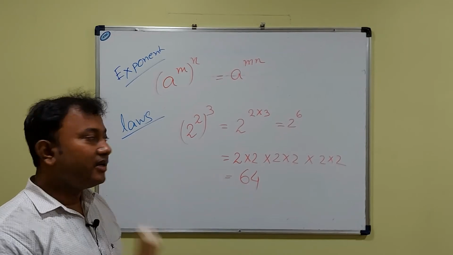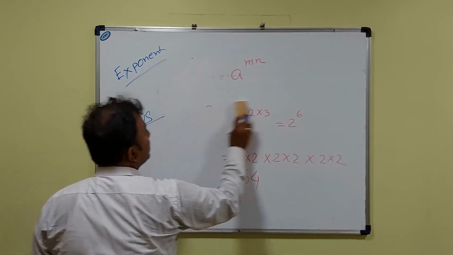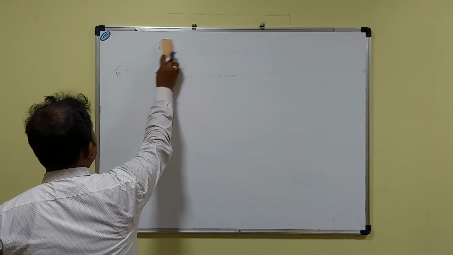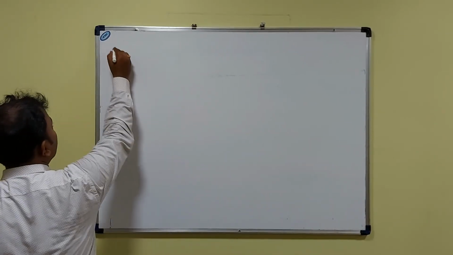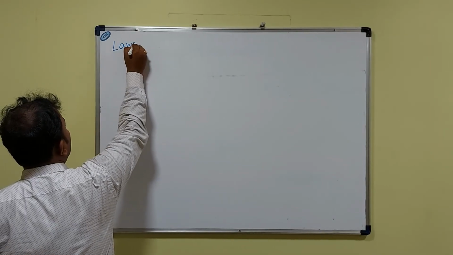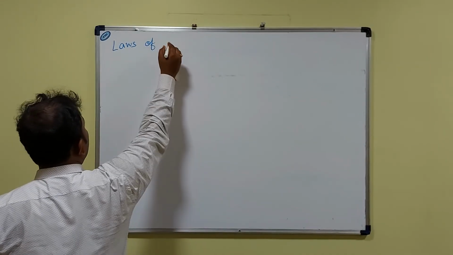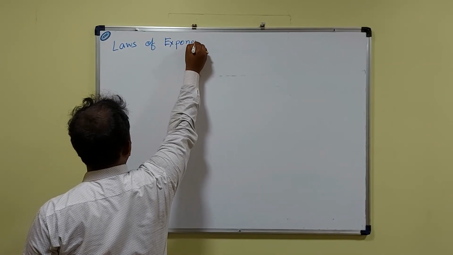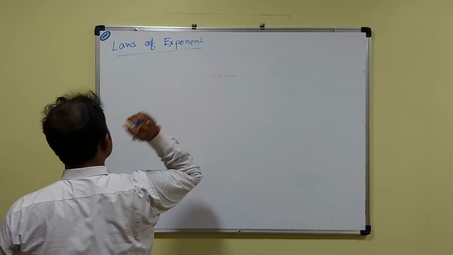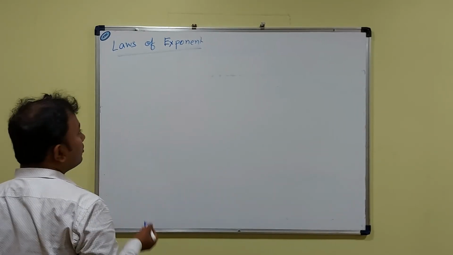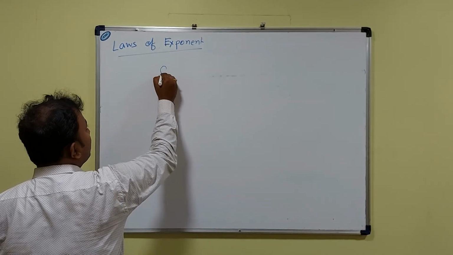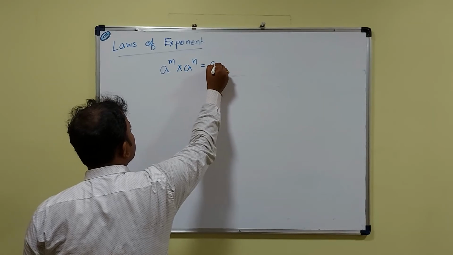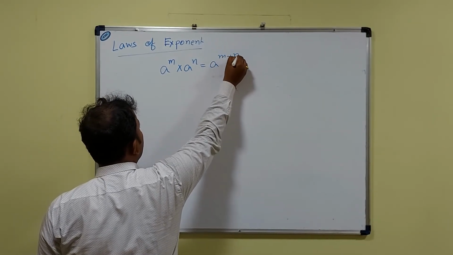So let us see in bird's eye view what we have learned today, that is, what are the laws of exponents. First law we have learned, that is a to the power m multiplied by a to the power n is equal to a to the power m plus n.